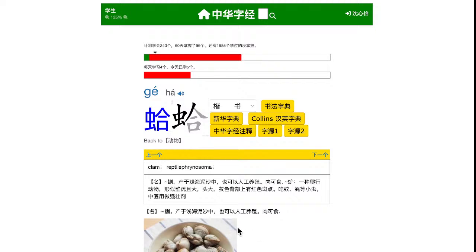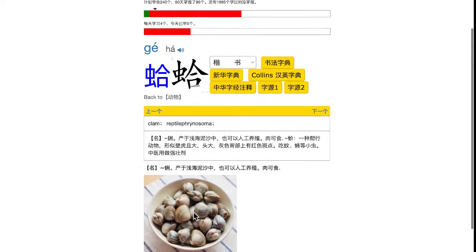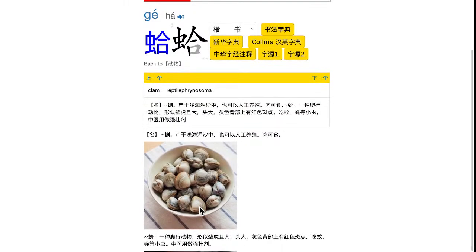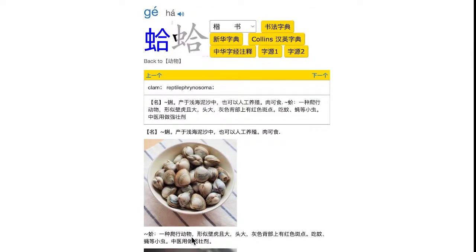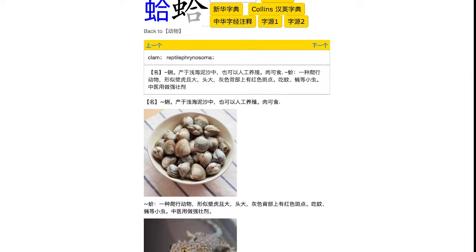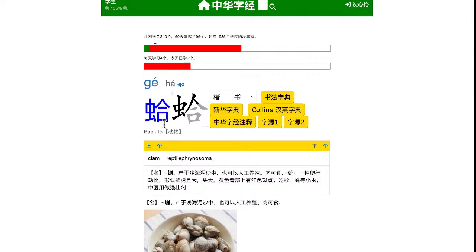蛤蜊, called 蛤蜊. And 蛤蜊 is clam. And another one is 蛤蚧. 蛤蚧 is called the reptile phrenosoma. Basically, it's a Japanese gecko. So 蛤, when it's pronounced this way, refers to two kinds of animal.